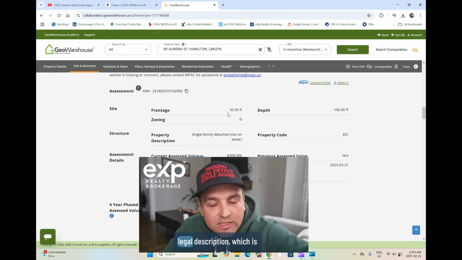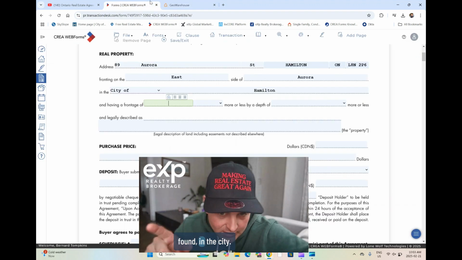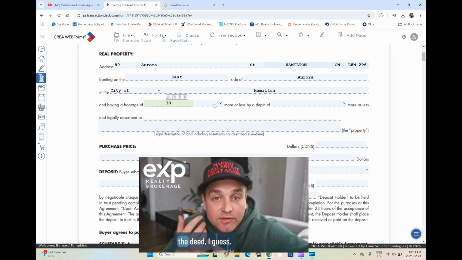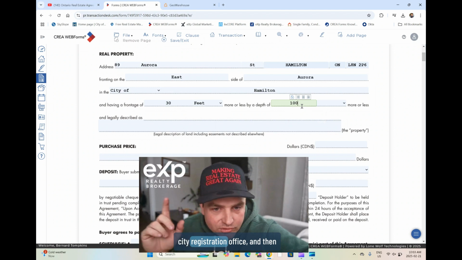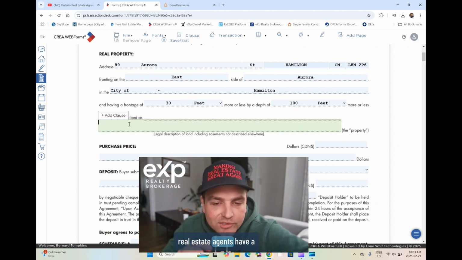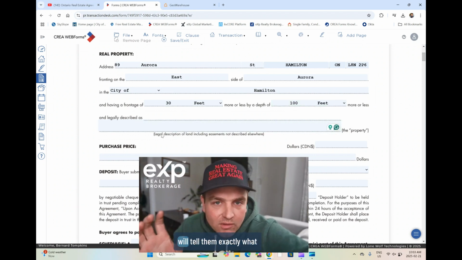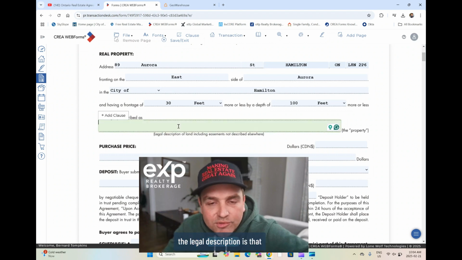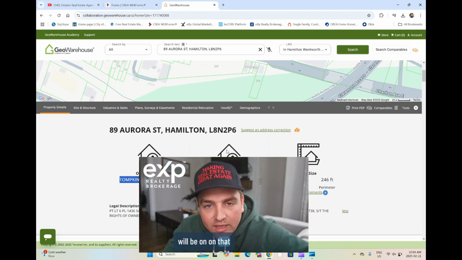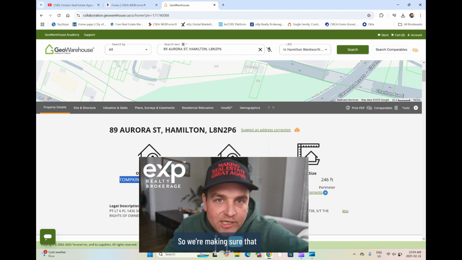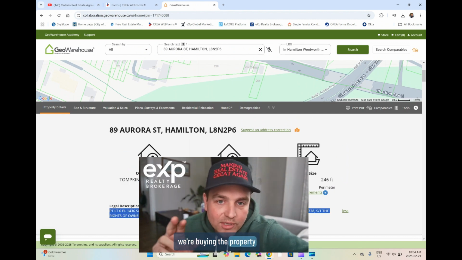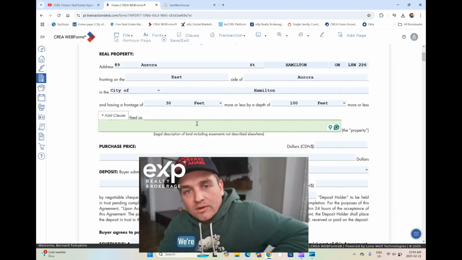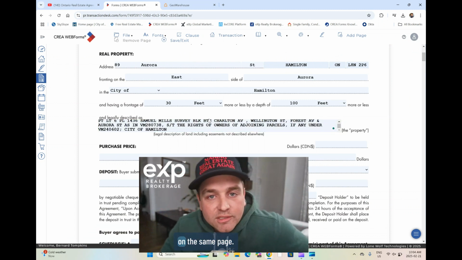And then they'll use the legal description, which can be found on the deed, at the city registration office, and real estate agents have a program that will tell them exactly what the legal description is that will be on that document for that property. So we're making sure that we're buying the property that we're looking at, so that everybody's on the same page.